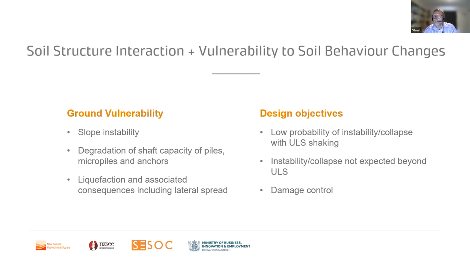This is the document I'm referring to as more general guidance. So later on in this presentation, I'll present some examples for us to be thinking about how we can allow for beyond ULS design. And keen to get your feedback on that, because as a future guidance document, we'd like to be providing some more specific advice.